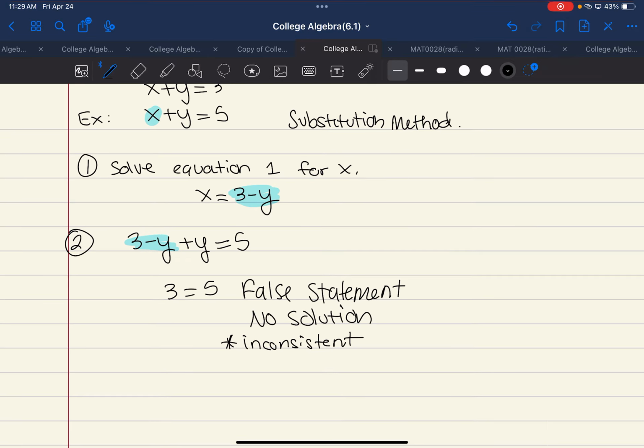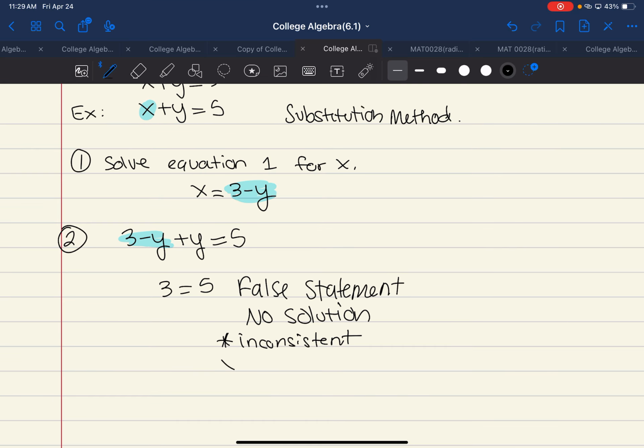And if there's no solution, then they are parallel lines. They are also still independent because they're two separate lines. No solutions means they'll never intersect, so they are still two unique lines, so it's still independent. But this would have no solution.